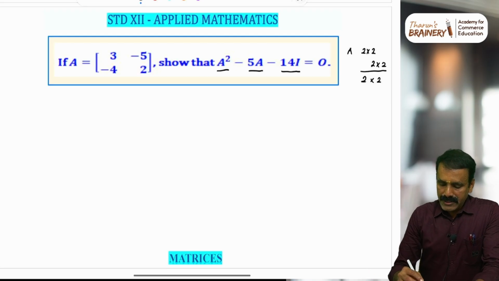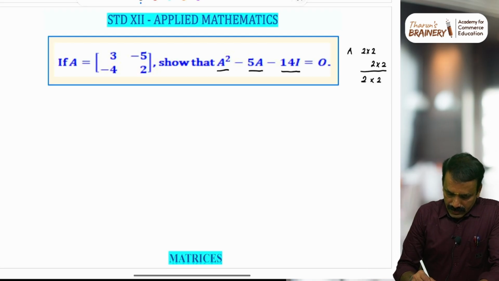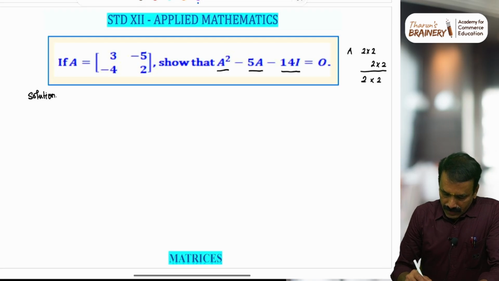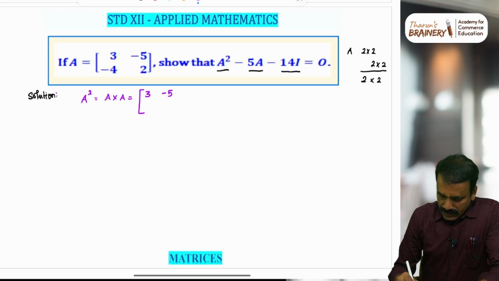Is it clear? Like the previous problem, we are going to find A square first. A square is equal to A multiplied with A, which is equal to 3, minus 5, minus 4, 2 and it is multiplied with itself, 3, minus 5, minus 4, 2.